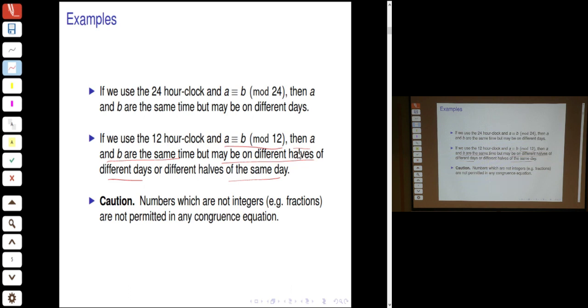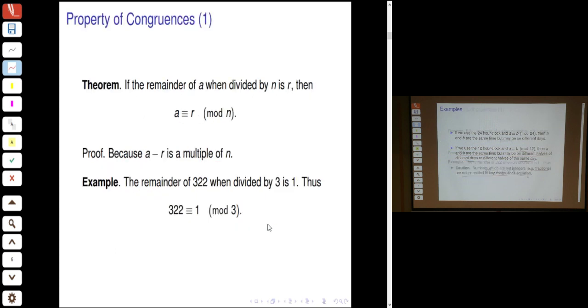And then of course, there are certain rules for how you can manipulate time in that situation, because if you add 7 hours and 6 hours, then it will become more than 12 hours, so you have to adjust according to the 12-hour clock, etc. This collection of rules when you operate in this kind of restricted scenario is essentially the core of modular arithmetic. And numbers which are not integers, for example fractions, are not permitted. Okay, so we will just be dealing with integers.